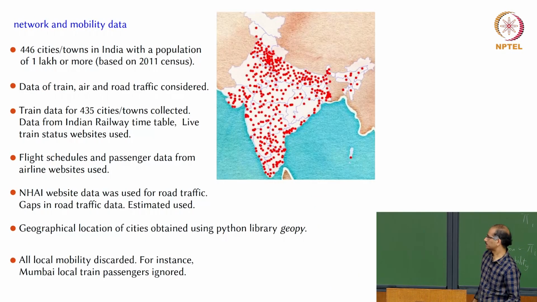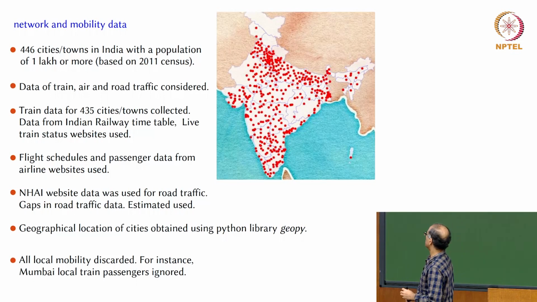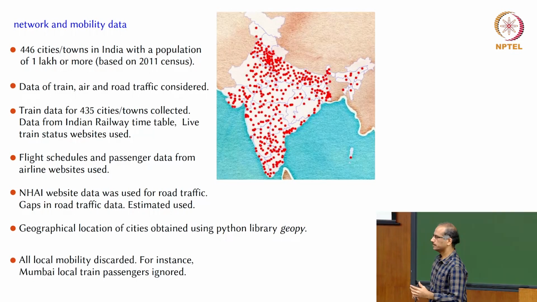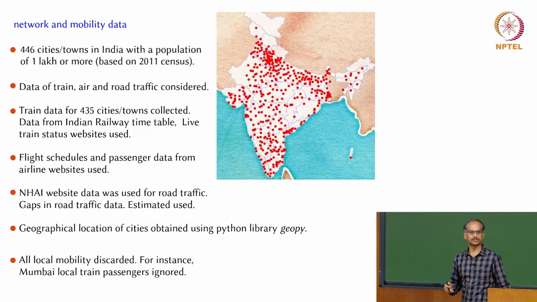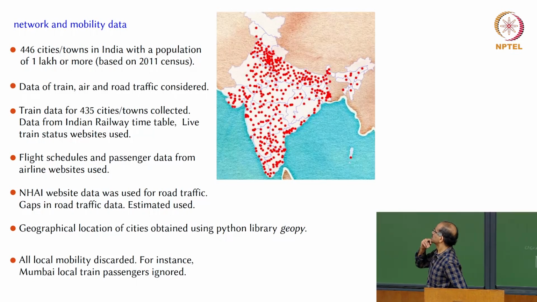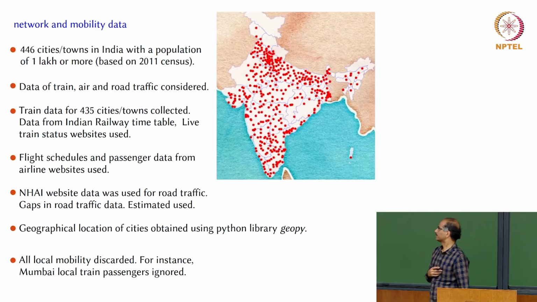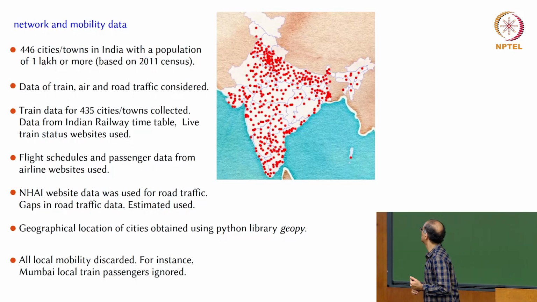This is the kind of data that we used. From the census data of 2011, we used 446 cities which have a population of more than 1 lakh, and we used all the available data of train, air traffic and road traffic.